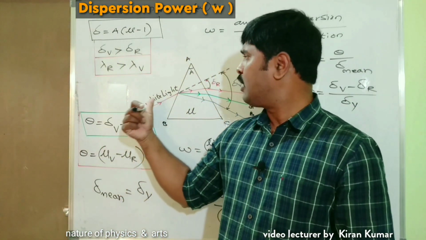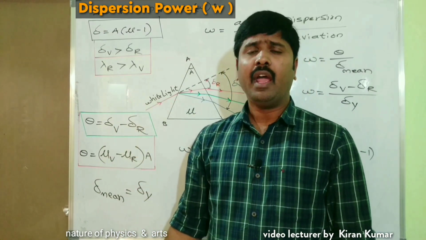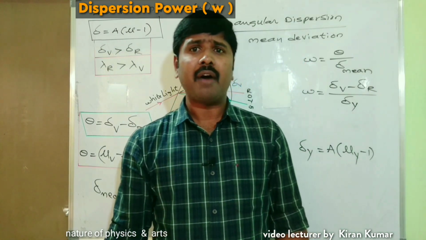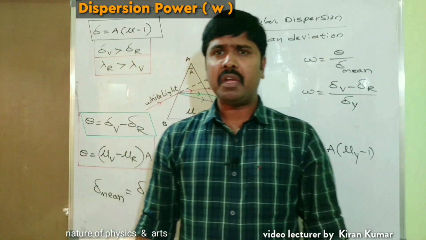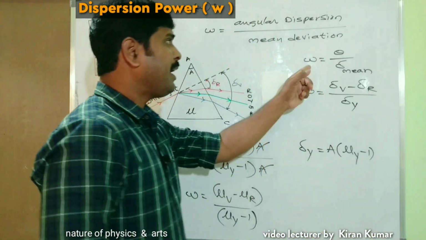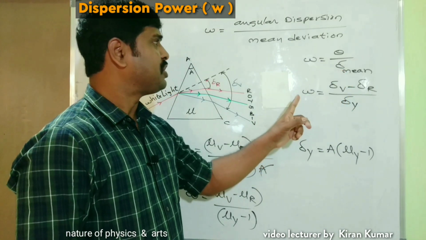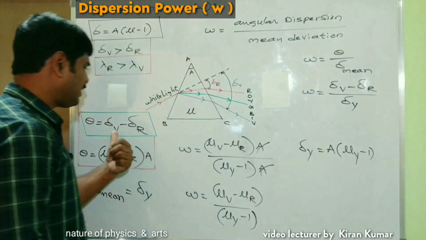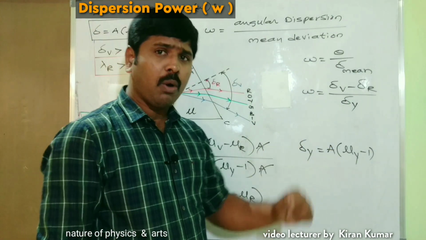When white light passes through the prism, it forms the VIBGYOR, in which dispersion power is the ratio of the angular dispersion to the mean deviation, that is omega is equal to theta divided by del mean deviation, that is omega is equal to del v minus del r whole divided by the mean deviation of yellow color.